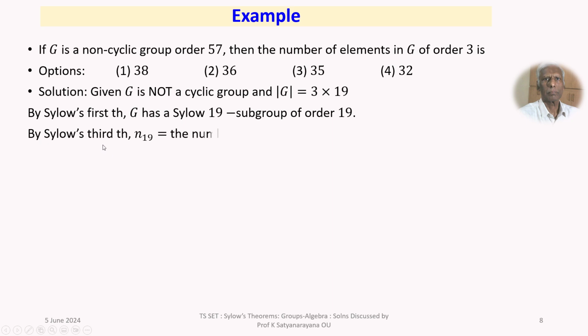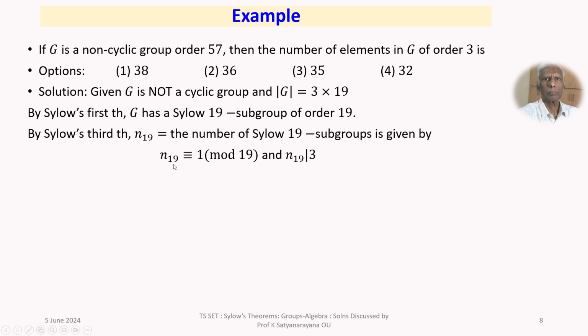By Sylow's third theorem, N19, that denotes the number of Sylow 19 subgroups, is congruent to 1 mod 19 and N19 divides 3. That factor or the product of factors which is free from 19 is 3.